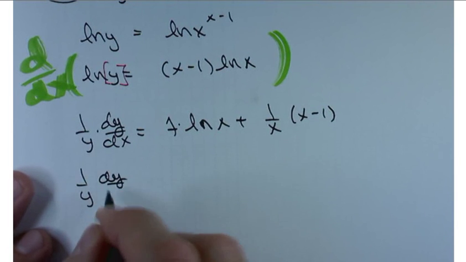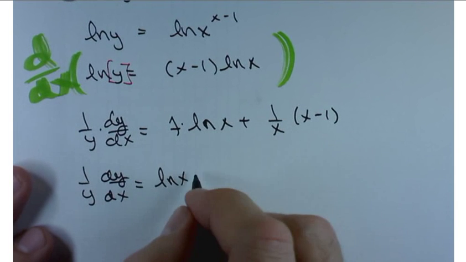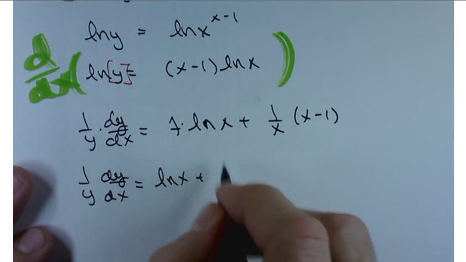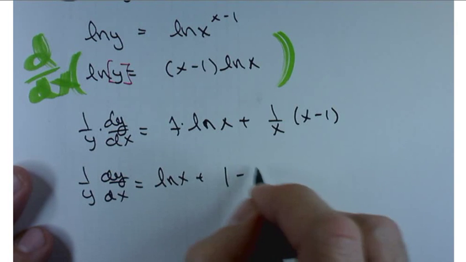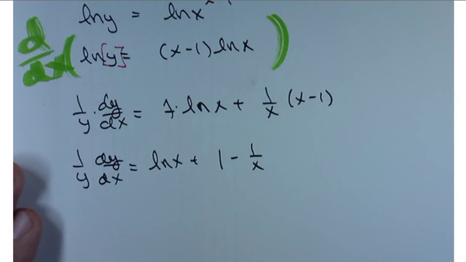If you distribute the 1 over x term, on the right-hand side, we'll end up with ln of x plus 1 minus 1 over x. So all I did was I distributed that 1 over x term.